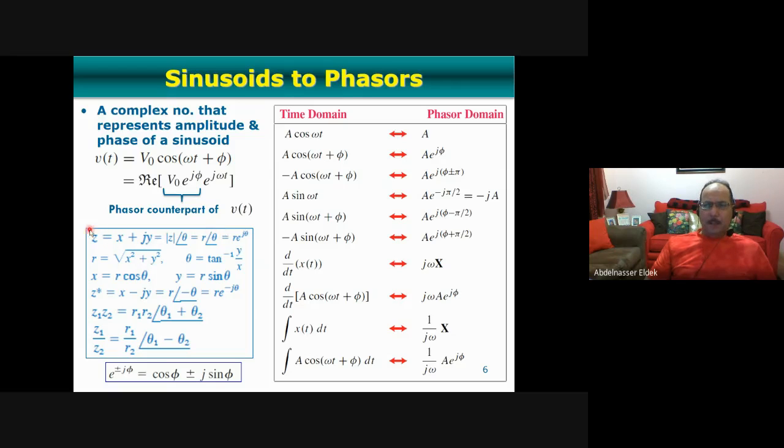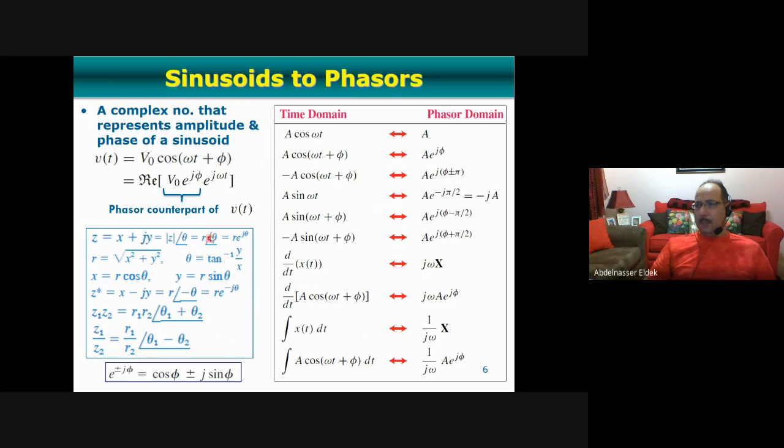These are some known relations for complex numbers. Any complex number has a real and imaginary part: z equals x plus jy, and it has amplitude r and phase theta, where r is the square root of x squared plus y squared, and theta is tan inverse of the imaginary over the real.